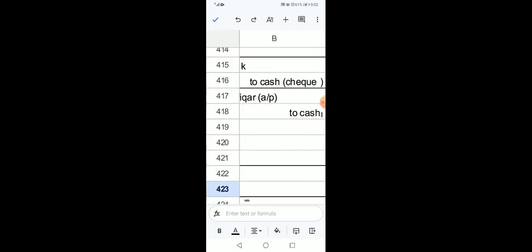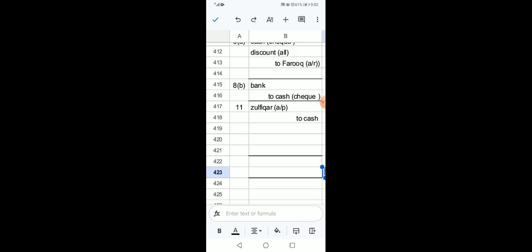It means he is no more your account payable, no more your liability. A decrease in liability should be mentioned on the debit side, so you will name Zulfikar on the debit side. He was your account payable, but now he is no more your account payable.